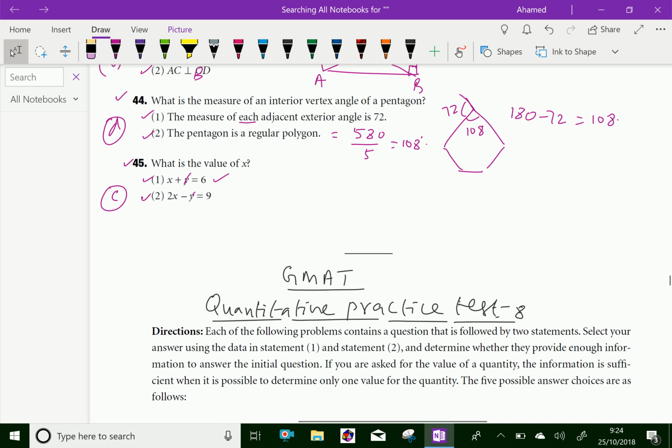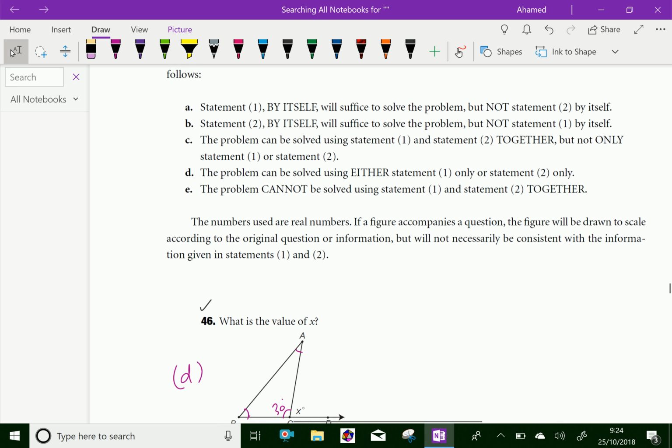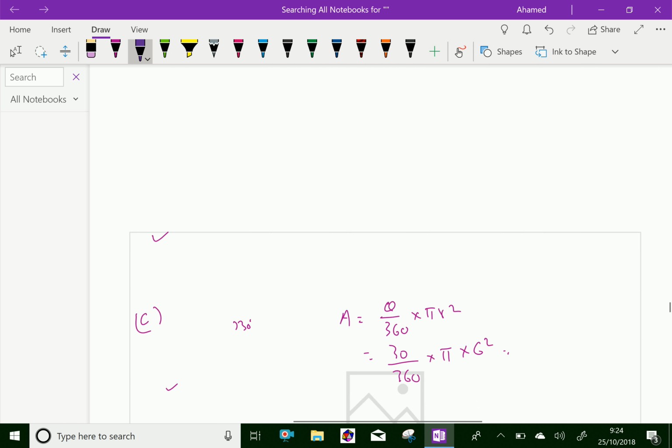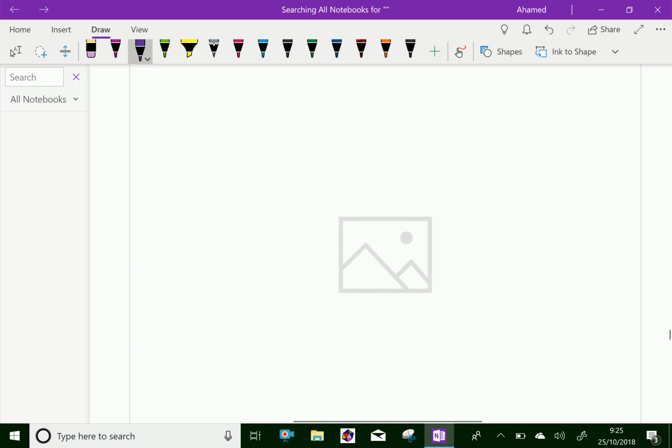Statement 1 is not sufficient, but statement 2 together with statement 1 is sufficient. Statement 1 and 2 together are sufficient. So we can get the value. Look here, the problem can be solved by using statement 1 and statement 2 together, but not by statement 1 or 2 alone. Means here both statements are required to solve this problem.